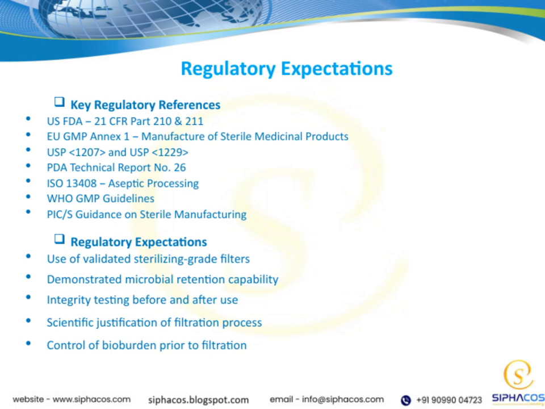In Europe, the EU GMP Annex 1 specifically addresses the manufacture of sterile medicinal products, emphasizing the importance of sterile techniques. The United States Pharmacopoeia, with chapters 1207 and 1229, provides detailed guidance on sterilization and microbial control, while PDA Technical Report number 26 offers best practices for sterilizing filtration.